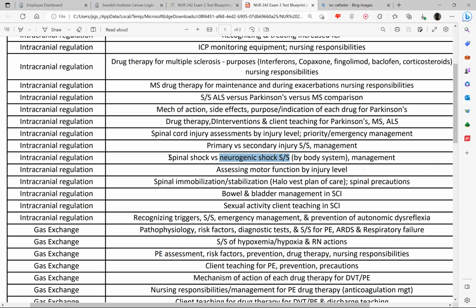Right. So let's review. This is for the NCLEX already. For compartment syndrome, since I mentioned it, what was your first action again? What did you see in compartment syndrome? The 6 Ps.